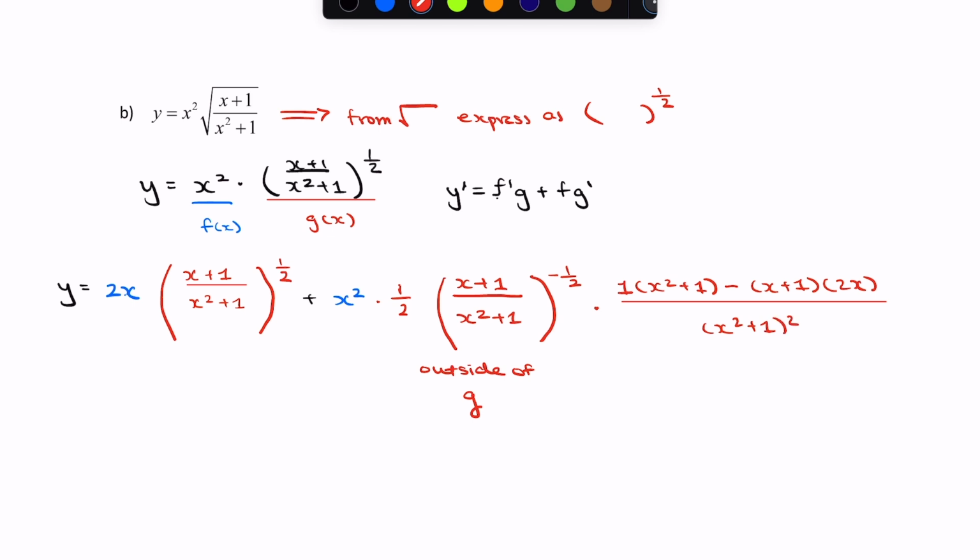Okay, and so this would be the inside of g of x here. And again, we're not simplifying these expressions here, so we'll keep that as our final answer.